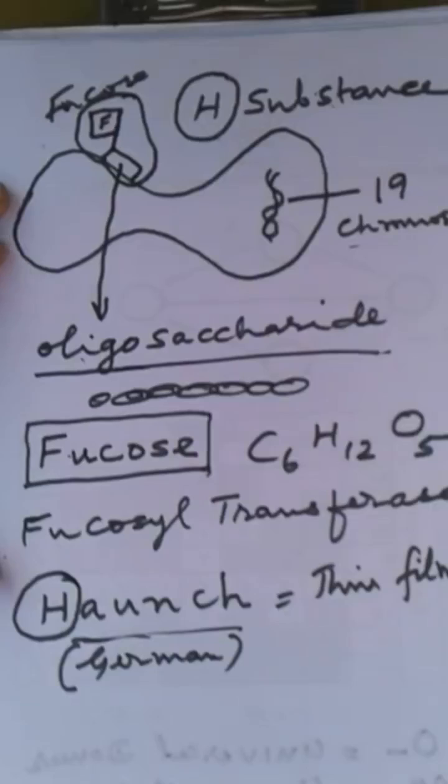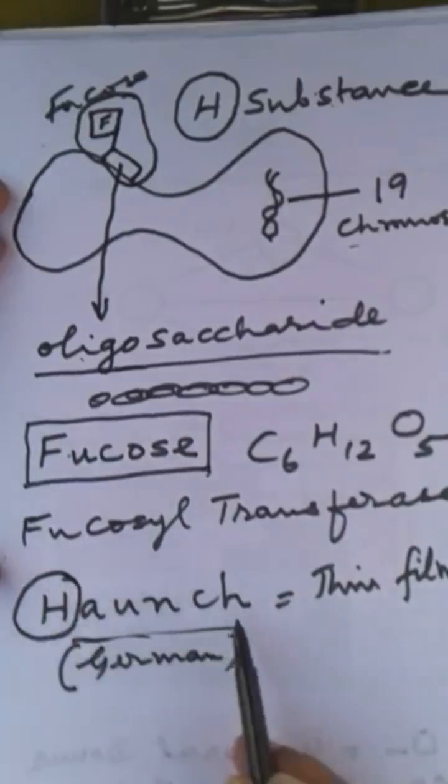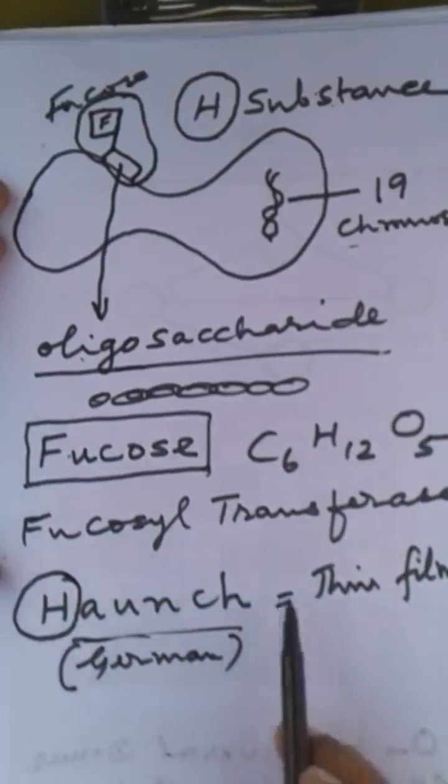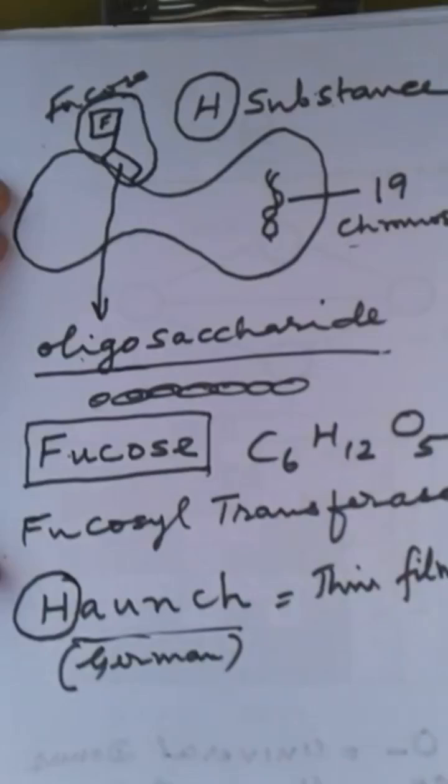It is found in the periphery, on the surface of red blood cells. It came from the word haunch. There is also an English word haunch. It means a projection, or in a human being or an animal, it is the loin area, the buttock area. That area is also called haunch in English.